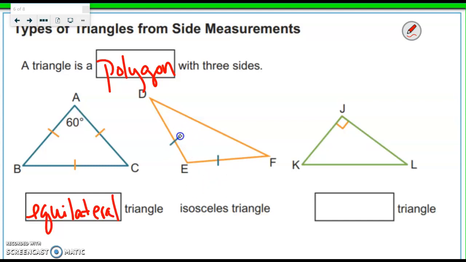In our second example, looking at our little hash marks, two of those sides are equal, so that is an isosceles triangle. And then in the third example, we have one 90-degree angle, so that makes it a right triangle.